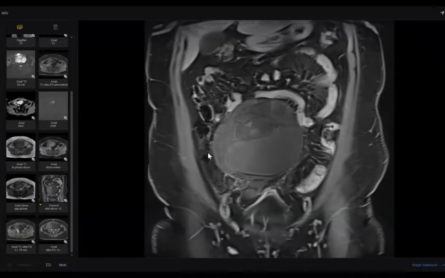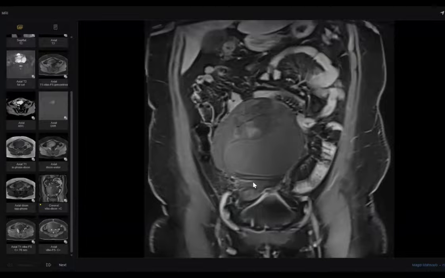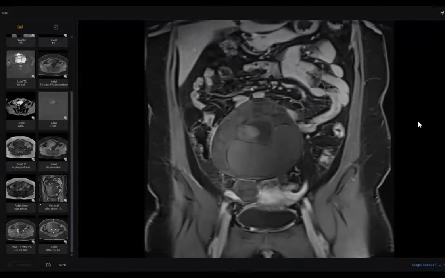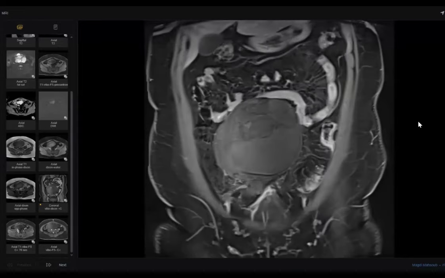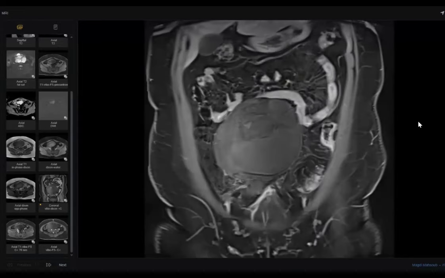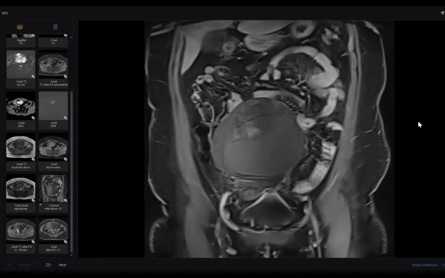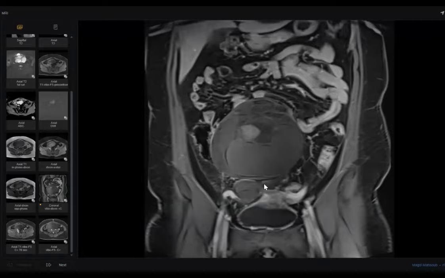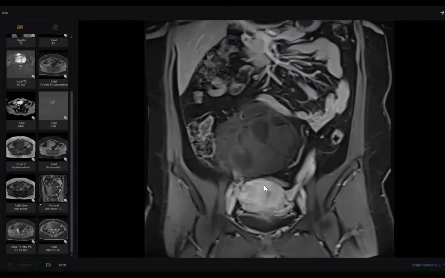If you look here, this is the pedicle. This is the swirl sign of torsion. If you follow, you will see a tubular structure twisted upon itself. At least we have many signs of torsion.